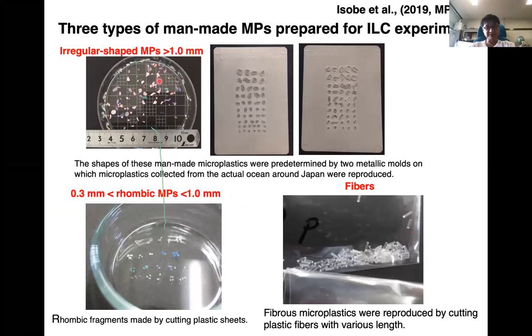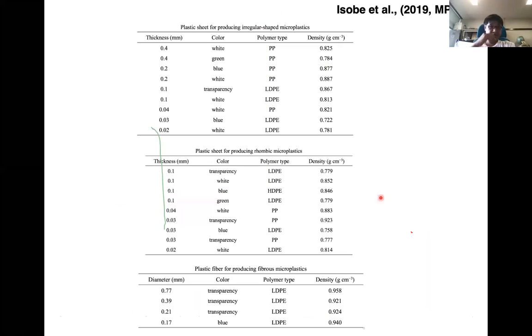We made man-made microplastics representing the microplastics actually collected from the oceans, in small fragment and fiber shapes, with different colors, different polymer types, different thicknesses and different sizes.